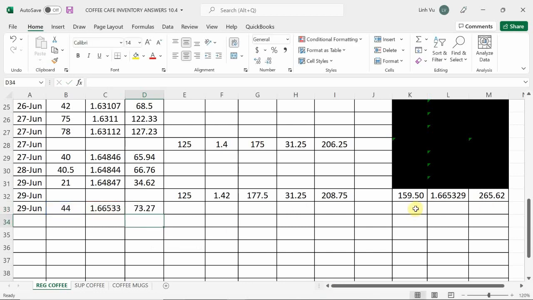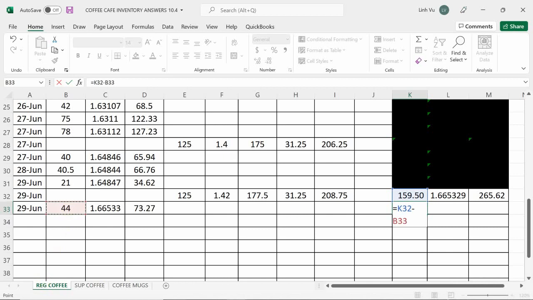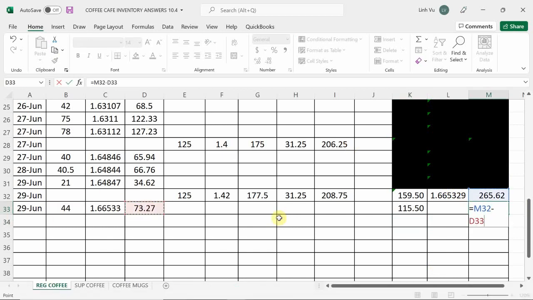So let's update our inventory. We started out with 159.50 and we just used 44 pounds. Therefore, we should have 115.50 left. So what's my ending balance?